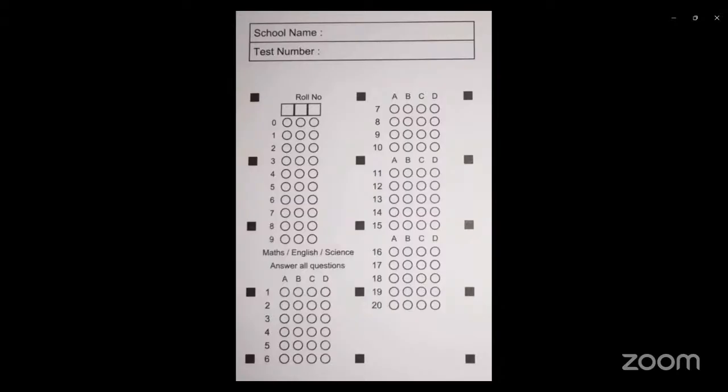For example, I am writing this. This is only an example, but you should write your school name like this in English in capital letters only. Try to write in big letters, not small letters.